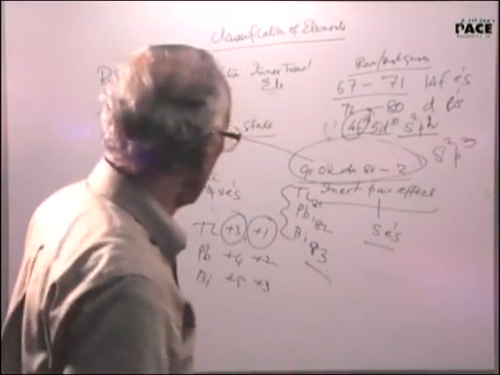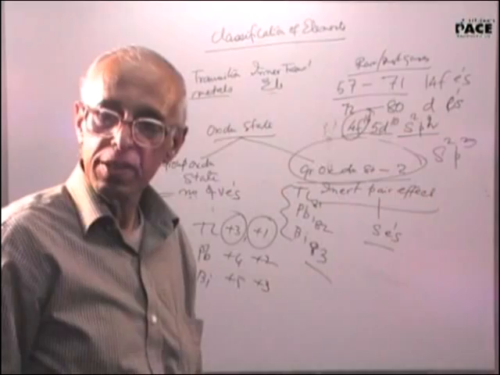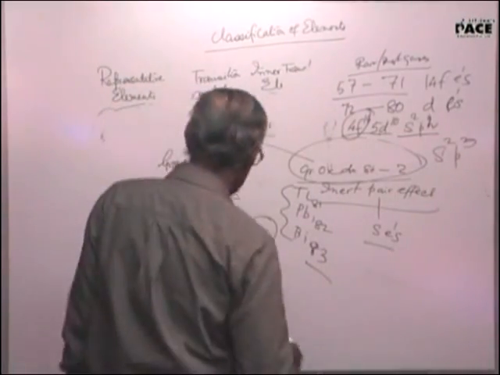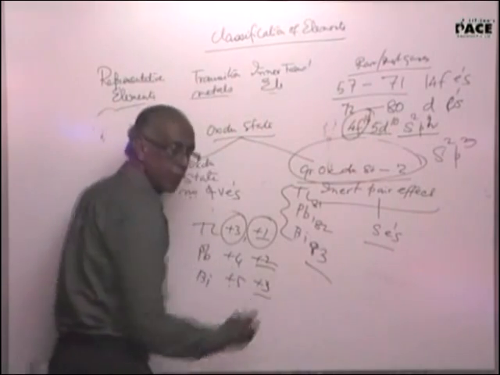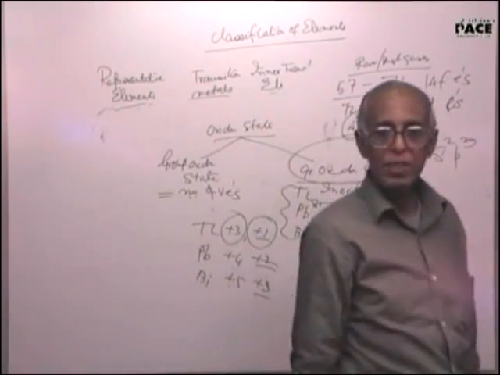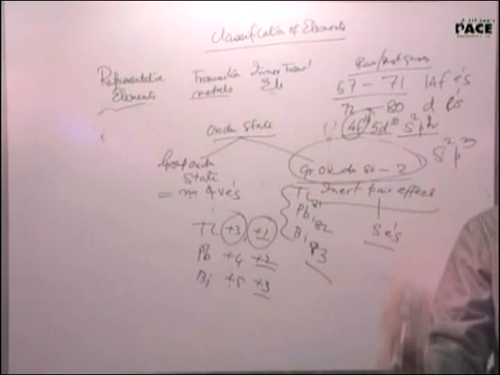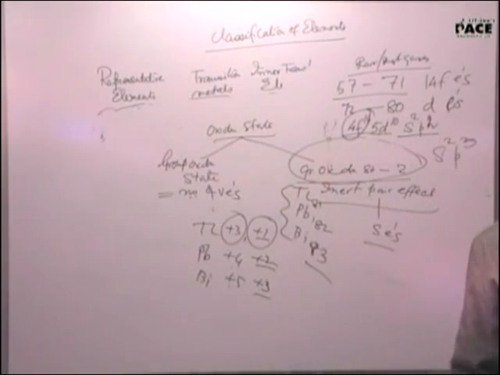Now, due to the inert pair effect, the group oxidation state becomes less stable than the lower oxidation state, because s electrons have been stabilized. They don't ionize very easily. You can ionize them, but in that case, the system will be unstable.